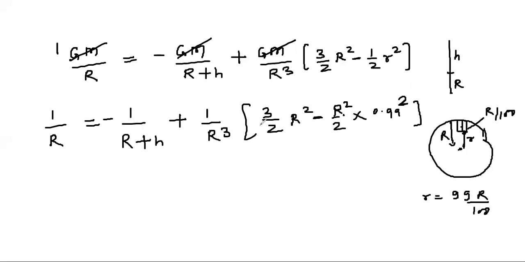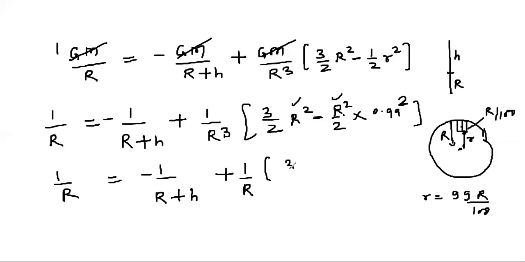So R square we can take common. So 1 upon R equal to minus 1 upon R plus h, plus, when we take R square common, then from here R square will cancel out and 1 upon R will be left. 1 upon R, then 3 by 2 minus 1 by 2 multiplied by 0.99 whole square.